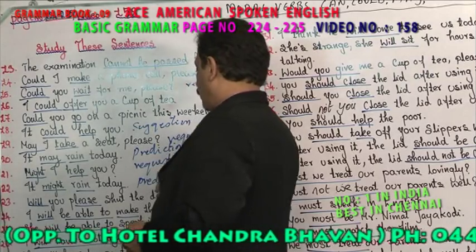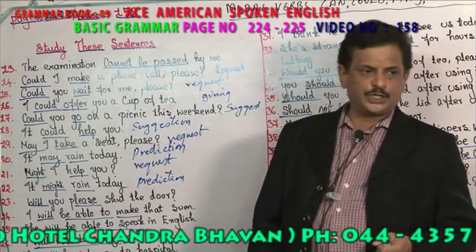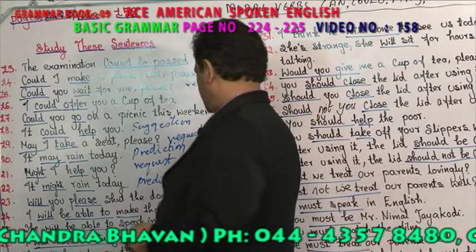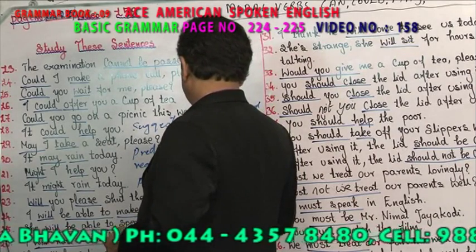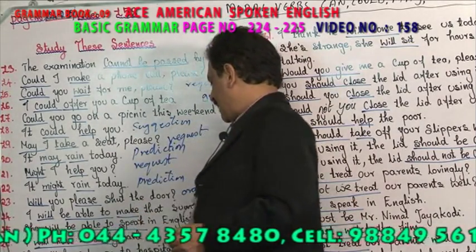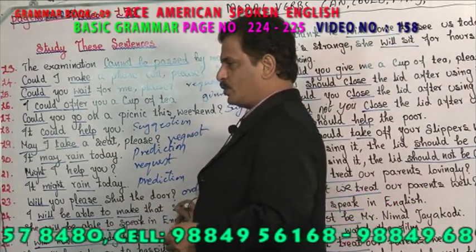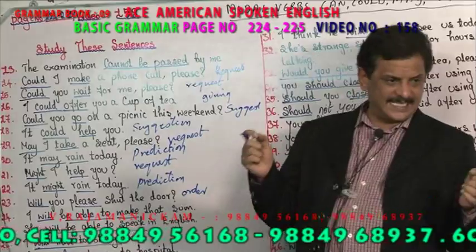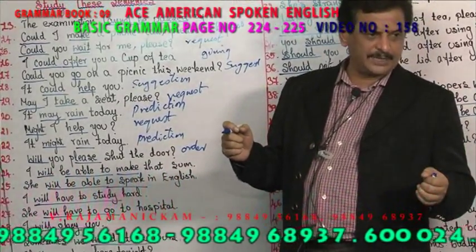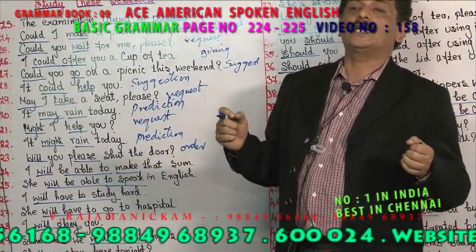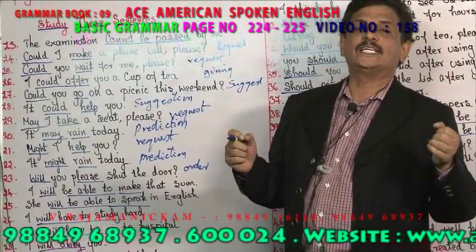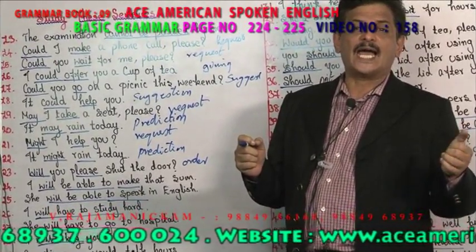Next, will you please shut the door? Order. Order or request, you can say. I will be able to make that sum. I will be able to make that sum means what? With the difficulty, I can do it, right? Something which you do with the difficulty, you are using I am able to.